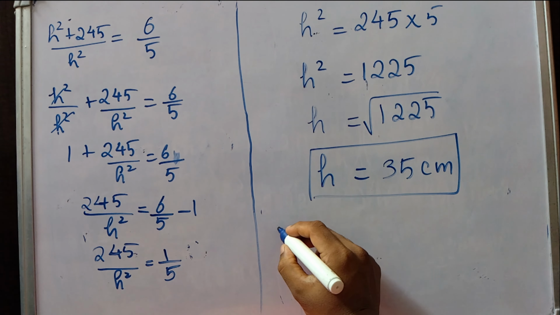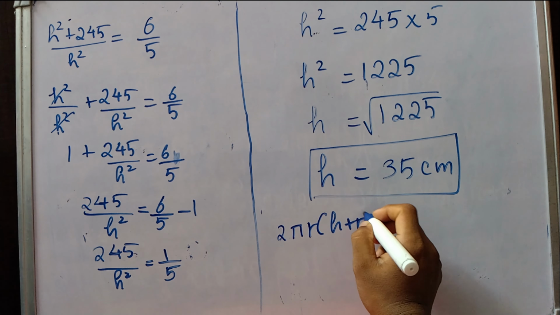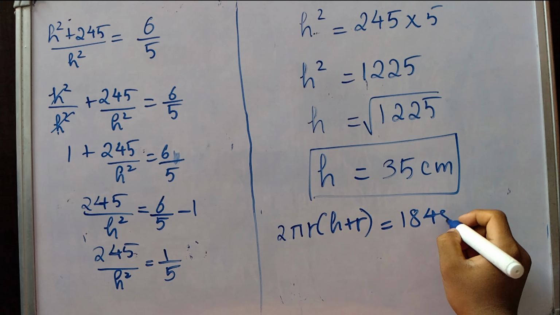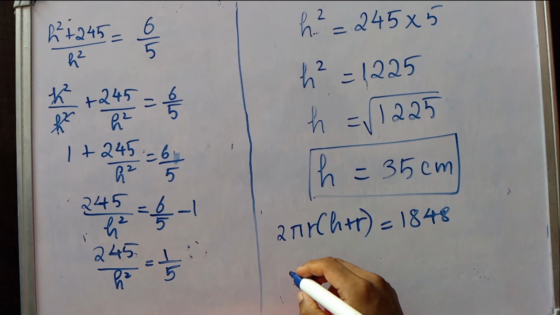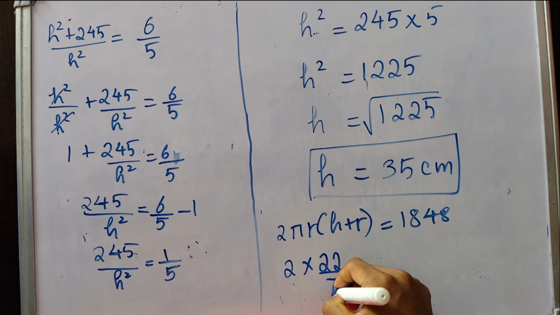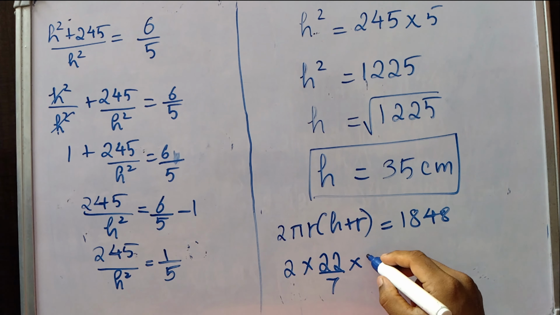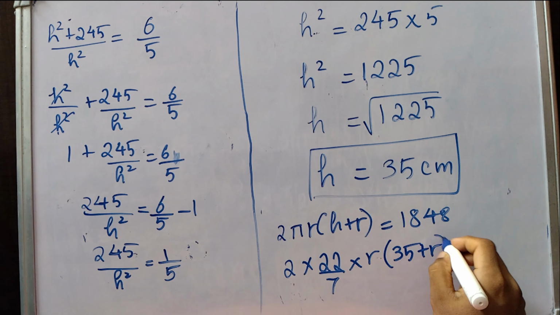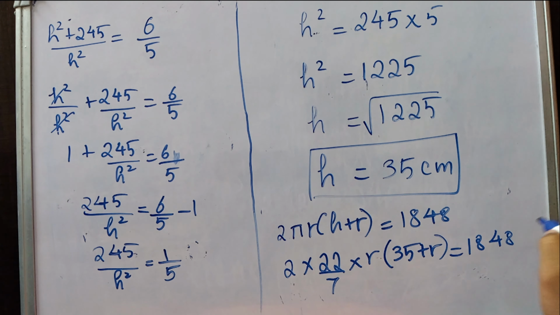The formula for TSA is 2 pi R into (H plus R) is equal to 1848. Now we know the value of H, which is 35. So we write 2 into 22 by 7 into R into (35 plus R) is equal to 1848.